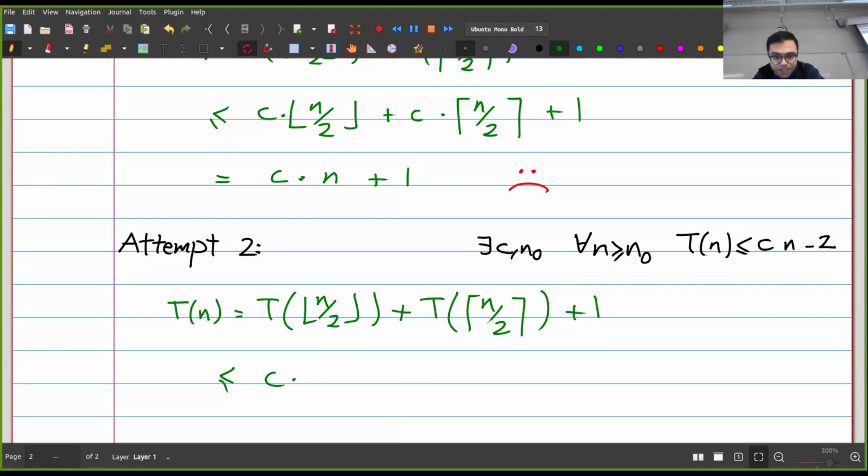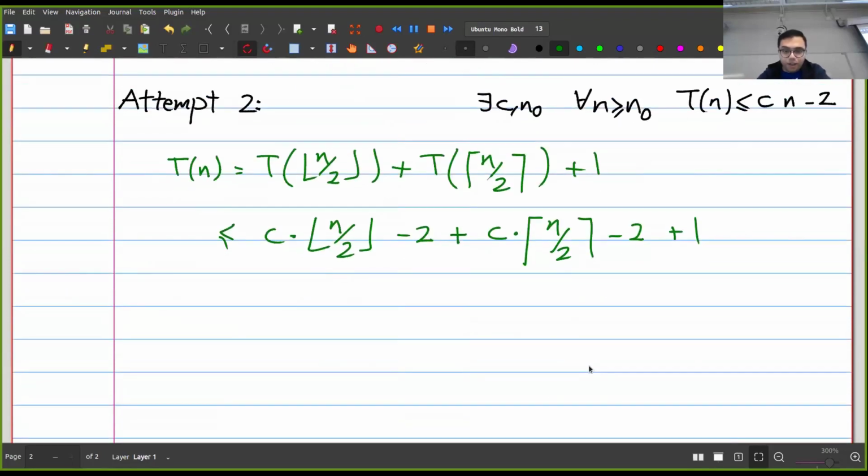So I have C times floor of n over 2 minus 2 plus C times the ceiling of n over 2 minus 2 plus 1. And now I get the same thing as before. I get C times n, which is what I wanted, but now I have minus 2 minus 4 minus 3, which is less than or equal to C times n minus 2, which is what I wanted to prove.